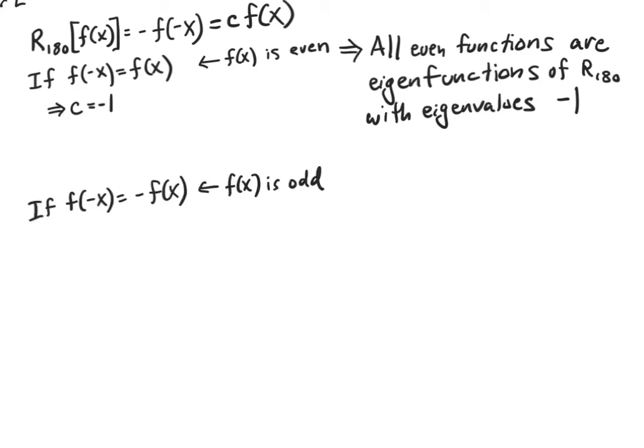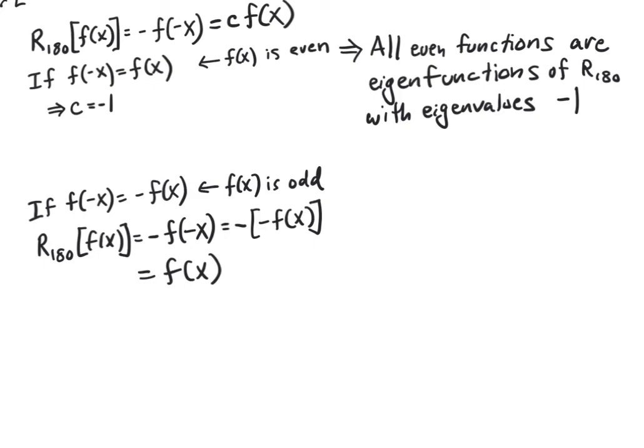If we apply our rotation operator to one of these odd functions, then we find that we get negative f of negative x as usual, but f of negative x is just negative f of x, and the negative signs cancel out, and we're left with f of x. In other words, this satisfies the relationship that our operator applied to our function is equal to a number c times f of x, where c, in this particular case, is just the number 1.